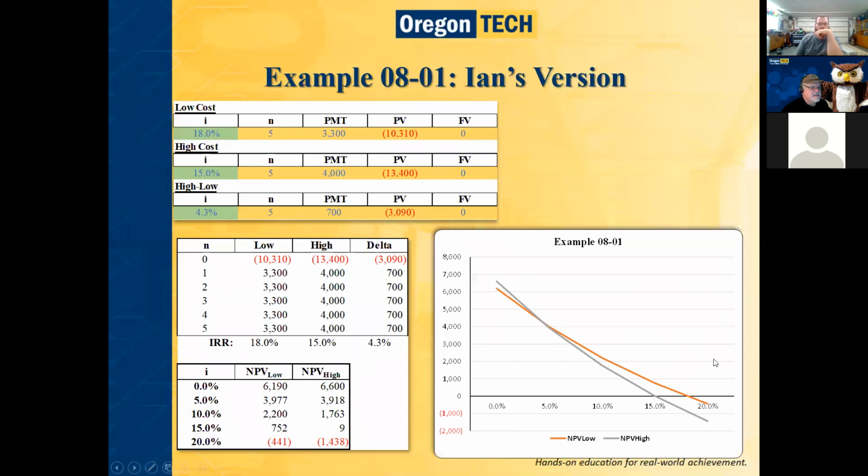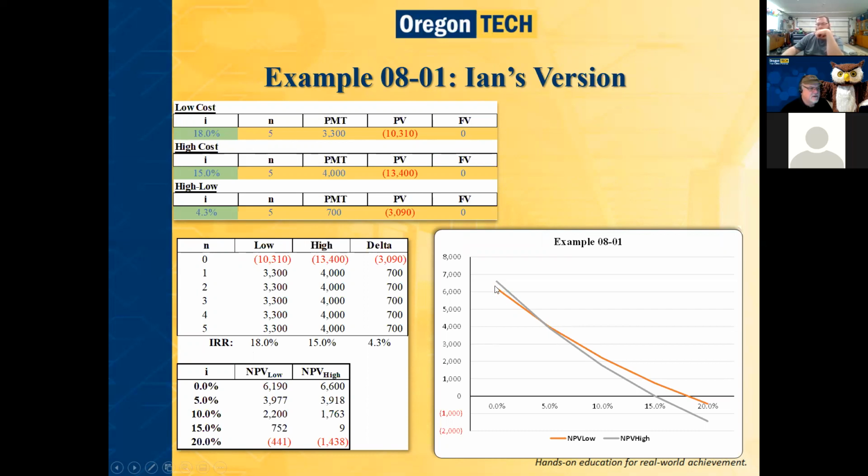Now, all I did to generate this is I said, here's the net present value of each one at 0%. So I took these cash flows, net present value of this, plus period 0. At 0% interest, I get a net present value of 6190 for the low cost, 66 for the high cost. And I plot it on the graph.